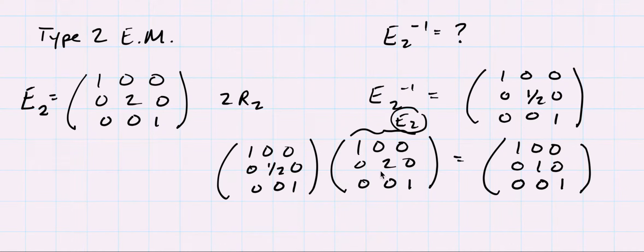If you switch these, you would have 0, 1 half, 0, and then you would multiply that second row by 2 because you would have the 2 here. So you get the same thing. So you can see that the inverse of a type 2 elementary matrix: whatever row you multiplied by a non-zero number, you take that same row and divide it by that non-zero number, and that will be your inverse.